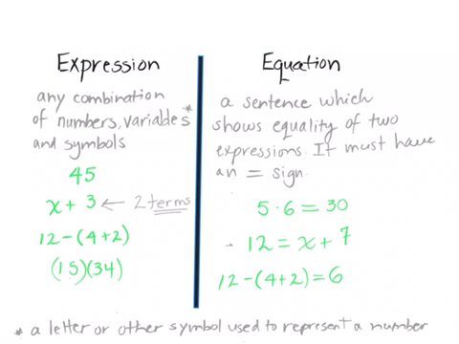The 30 is another expression. But because they contain the equality sign and they show equality, the whole thing together is called an equation. So we have other more examples. So the only difference really between expression and equation is that the equation has to have two sides that are separated by an equal sign.